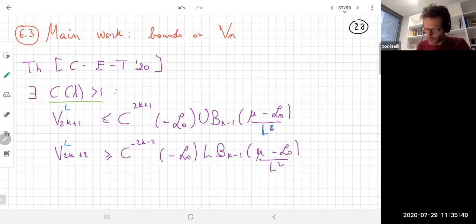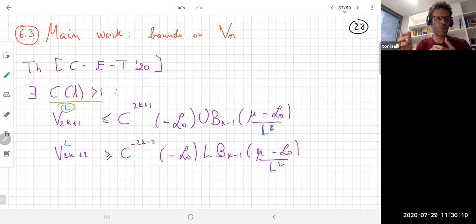Okay, there is some constant depending on lambda. This constant, unfortunately, is larger than 1. I will comment in a second why I say unfortunately. Such that these operators here, and now I've put back the dependence on L because I had removed it for notational convenience a second ago. Remember that these operators, according to whether they have an even or an odd index, will provide upper or lower bounds.